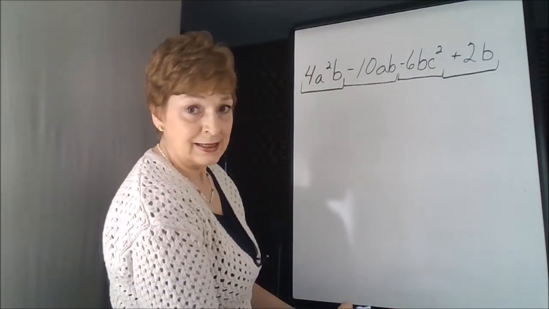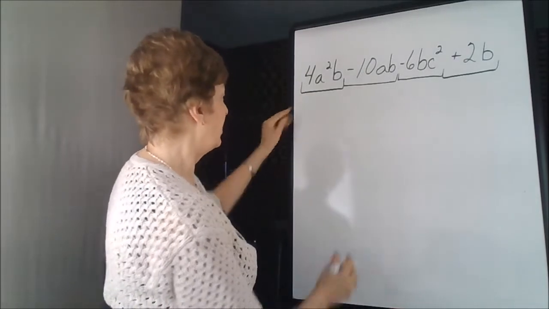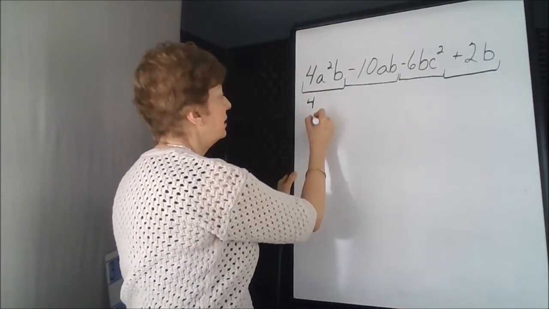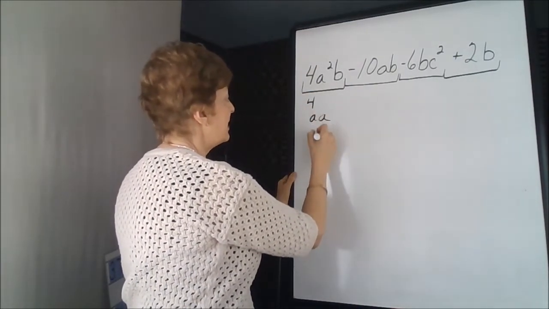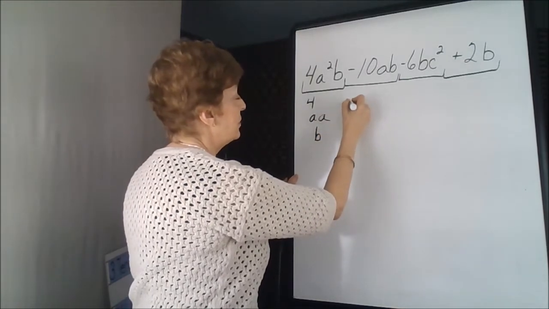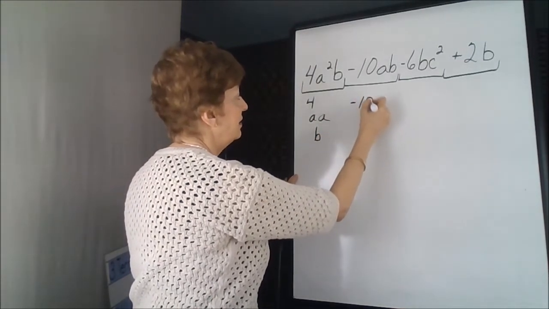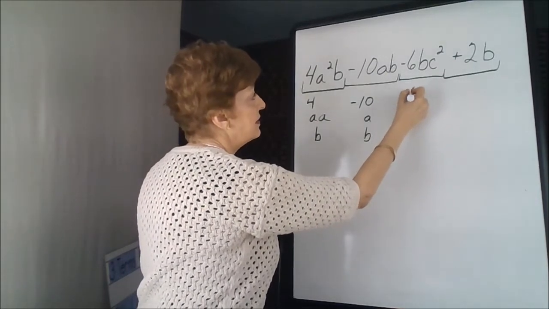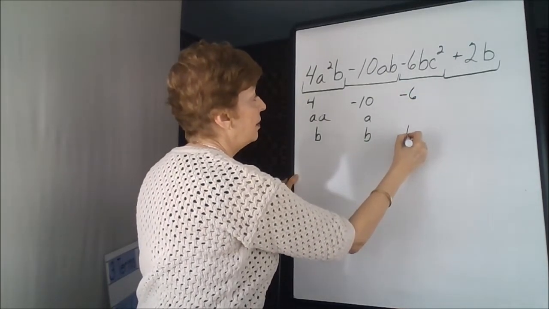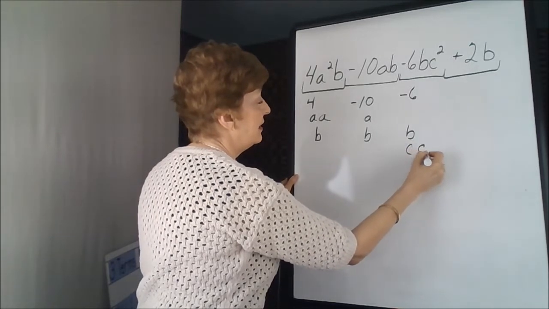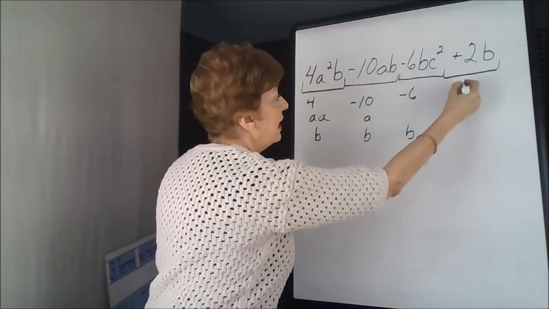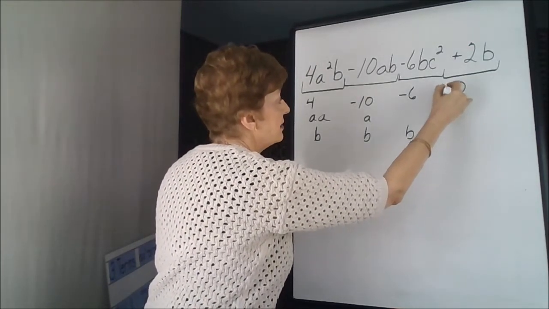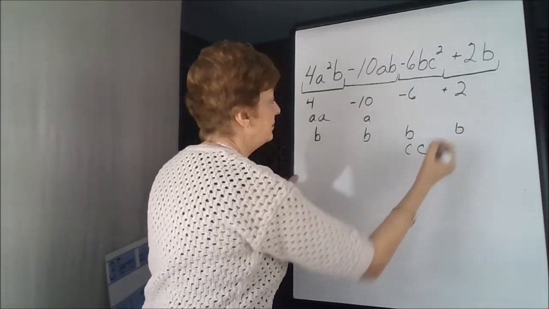Now we can list the terms of the polynomial. We have a 4, 2 a's and a b. This one is a negative 10, an a and a b. Here we have a negative 6, a b and a c and a c, and 2, positive 2, b.